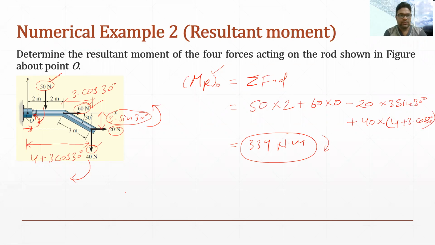So the resultant moment would be like this, and the magnitude of this resultant moment would be 334 Newton meter. Okay. So we will continue our discussion in the next part. Thank you.